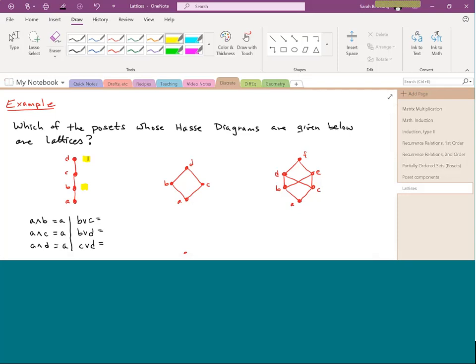So if we look at the 2 vertices, B and D, anybody have a guess who the join might be for this one? And remember, the join is the least upper bound. So this is somebody that both of your 2 elements need to be related to. So it's got to be somebody where you're looking up the Hasse diagram.